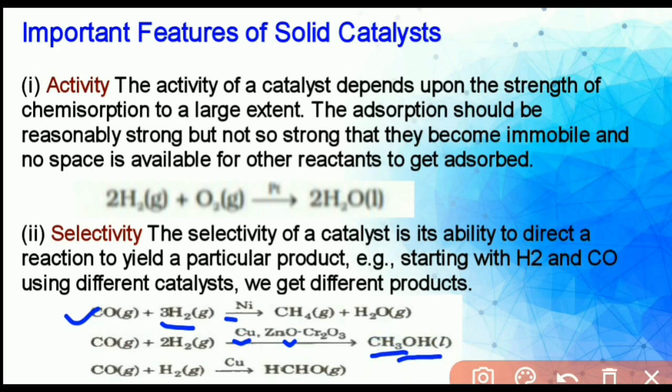And when we use the same reaction with copper as a catalyst, we get the product formaldehyde. So we can see that in the same reaction, when we use different catalysts, we get different products. So selectivity is the ability of the catalyst to direct a reaction to yield a particular product.